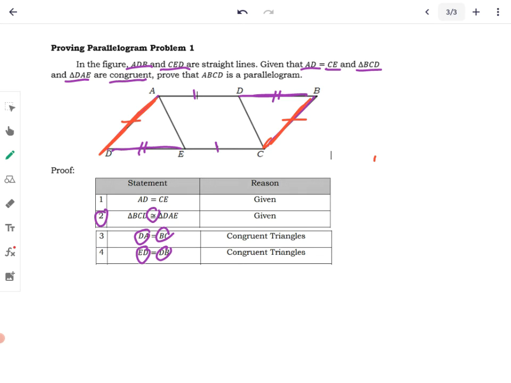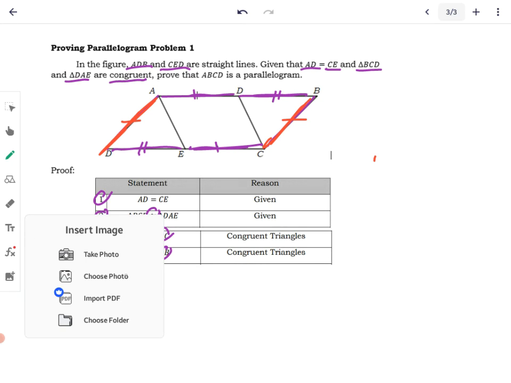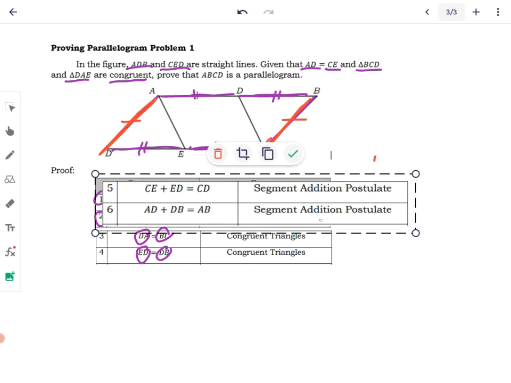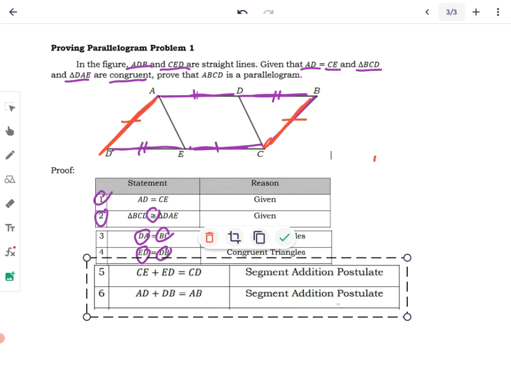And it is also given in number 1 that these are also equal. By that, using 3 and 4, we can conclude also 5 and 6.